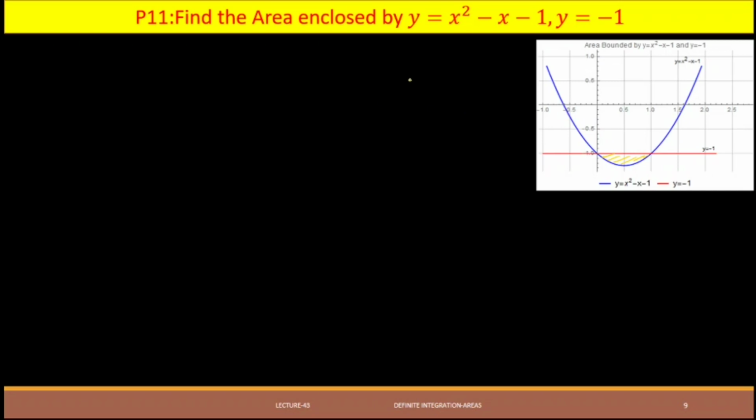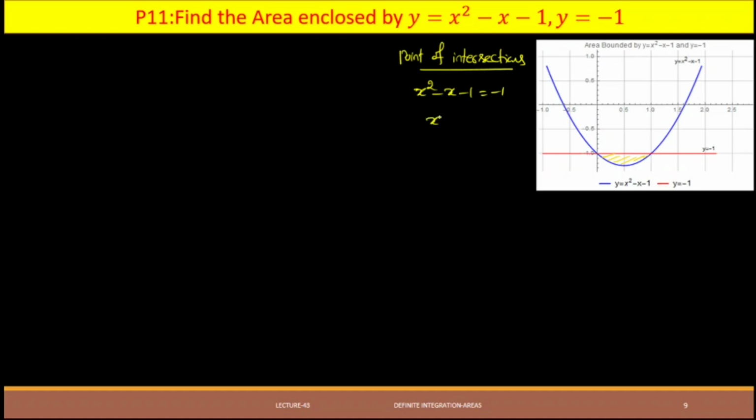So let me solve for the points of intersection. We have to equate both the curves. So x square minus x minus 1 is equal to minus 1.